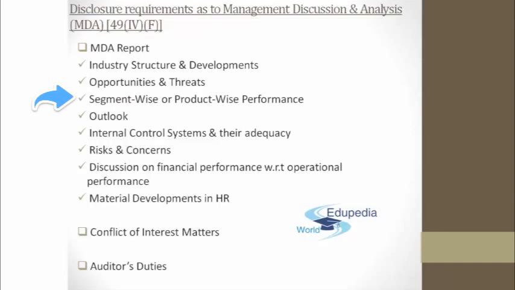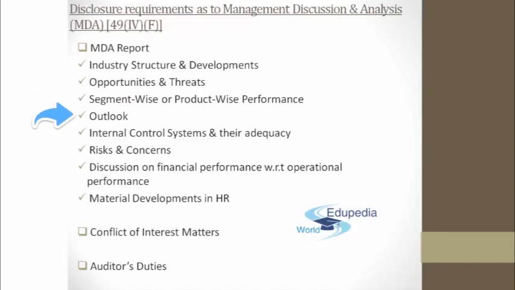In that case, how has my performance been product wise? And if I talk about segment wise, my company is also working in the paper industry, the cigarette business, and the hotel business. So that will be segment wise performance. How have my segment wise and product wise performances been so far? That is also included in the MDA report.